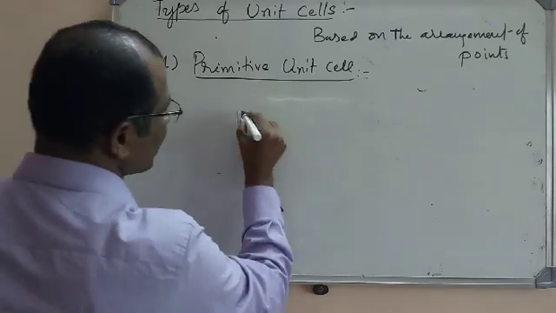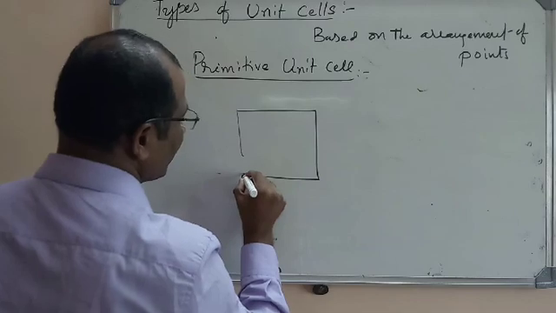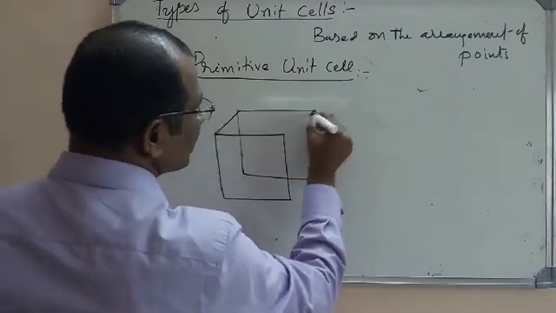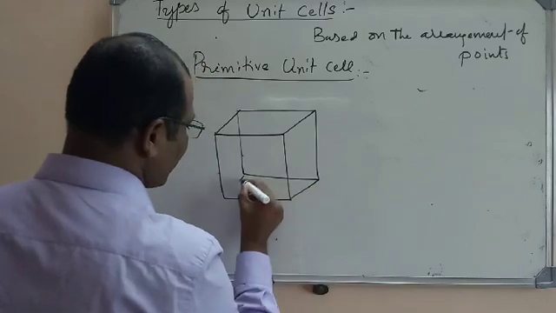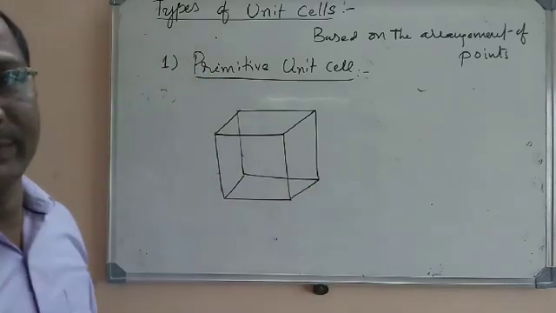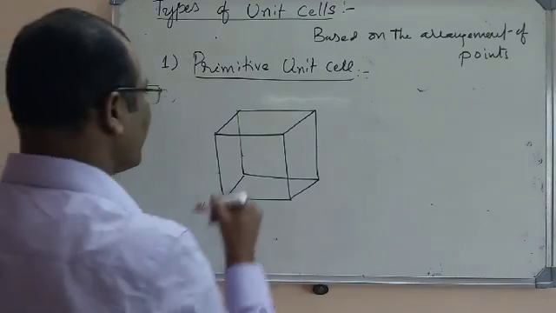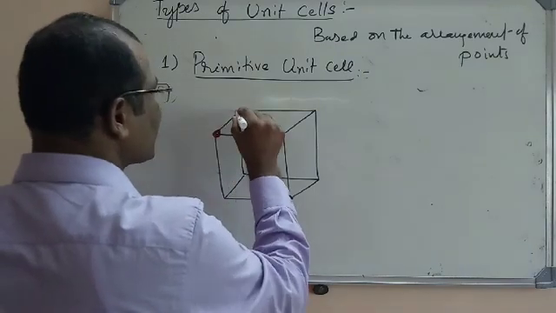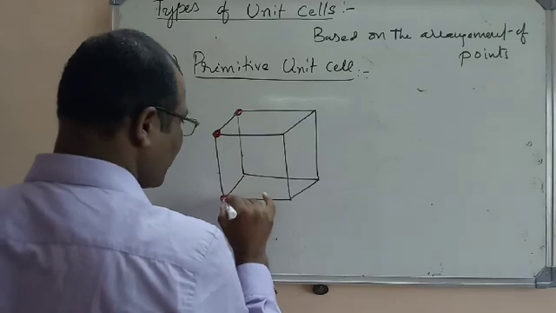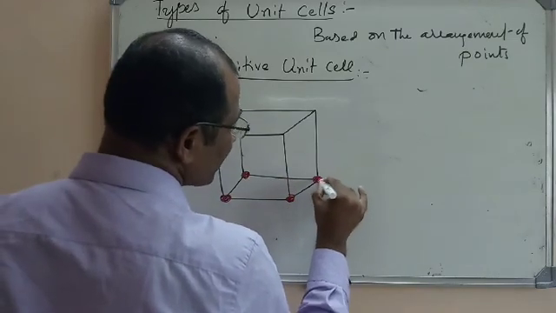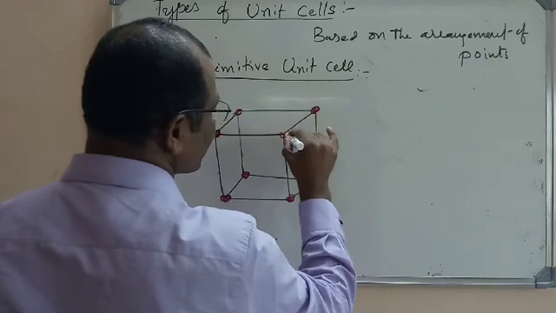So for easy understanding, I am considering a cubical unit cell here, where length, breadth and height all are the same. Now if I keep 8 points at the 8 corners, how many corners are possible here? 8 corners are possible. Now I am keeping the lattice points at each of the 8 corners.